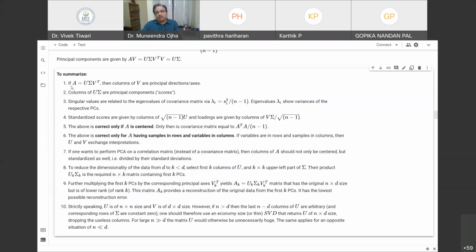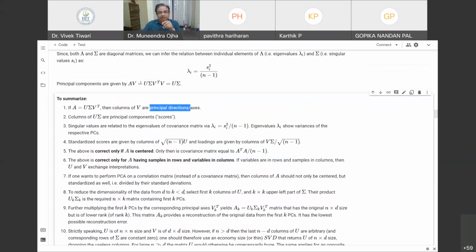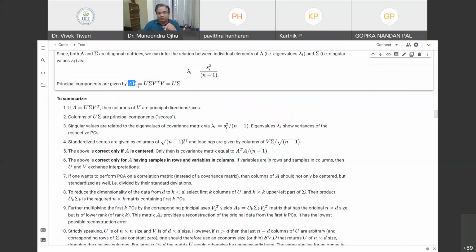So either you say AV or U sigma, both are the principal components or scores. When we multiply V with A, the original data matrix, that gives us the principal components. So AV gives us the principal components.